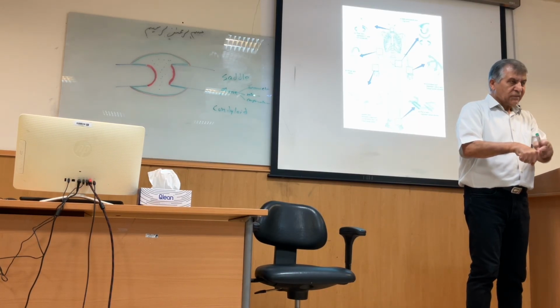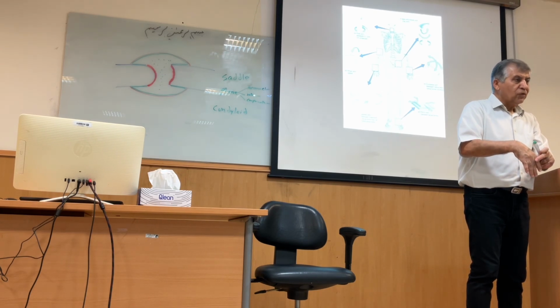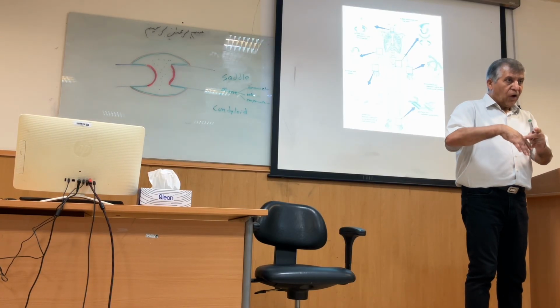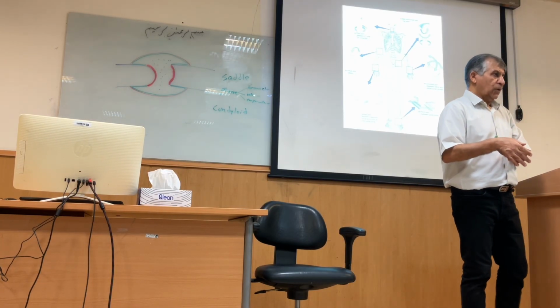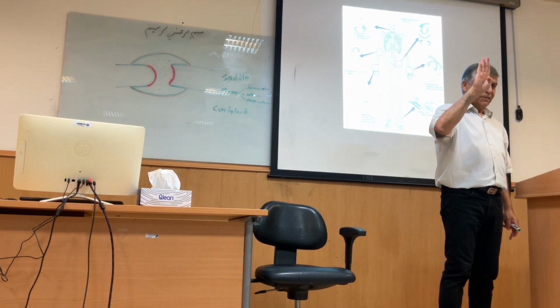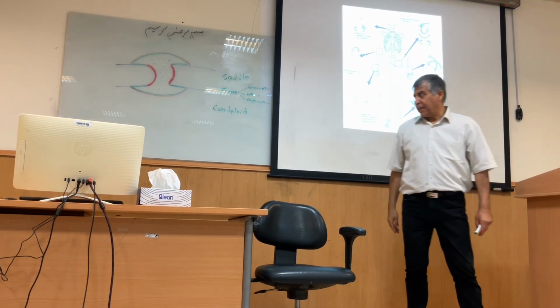What is this other joint, between the metacarpals and phalanges? The metacarpophalangeal joints of all fingers are condyloid: abduction, adduction, flexion, extension. Okay?